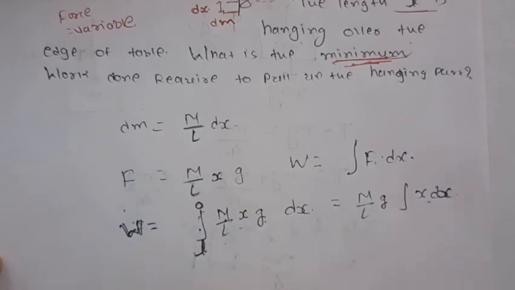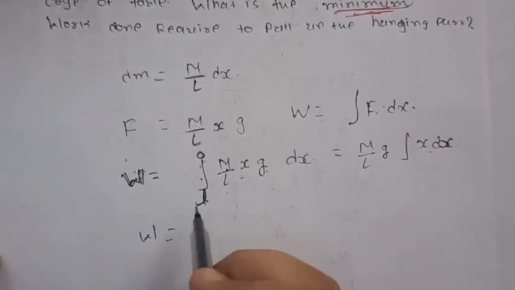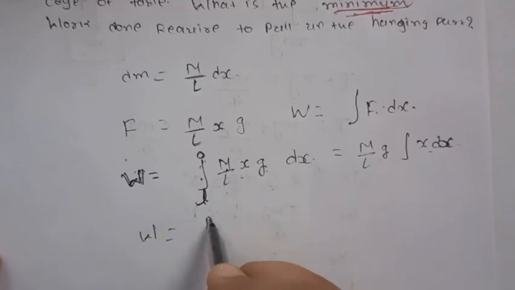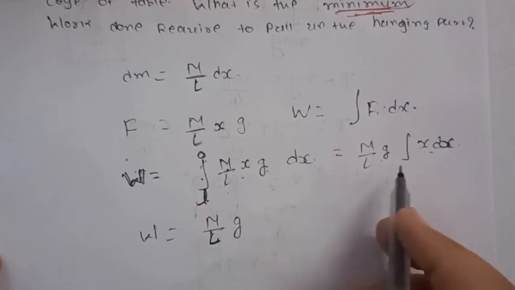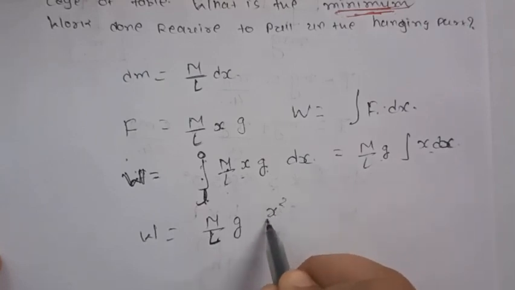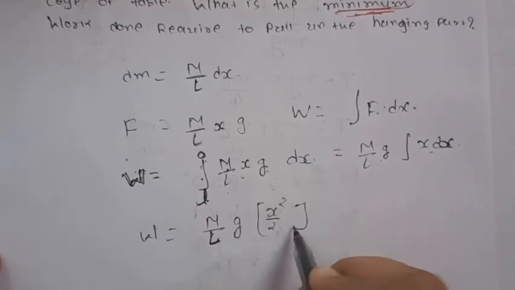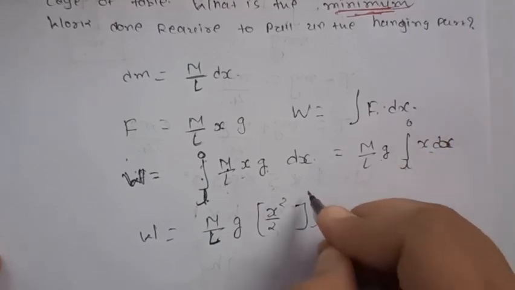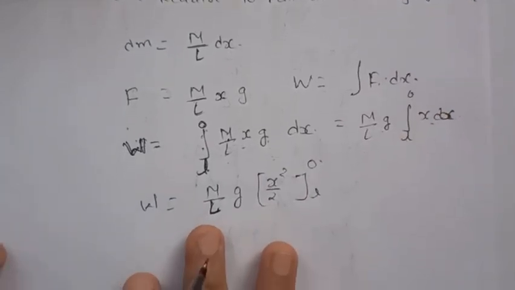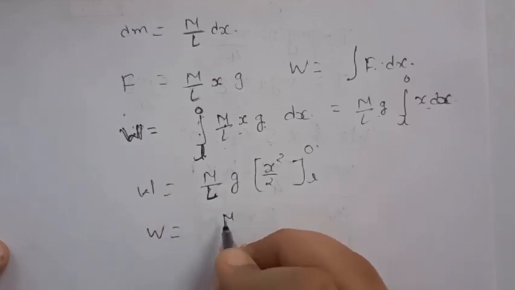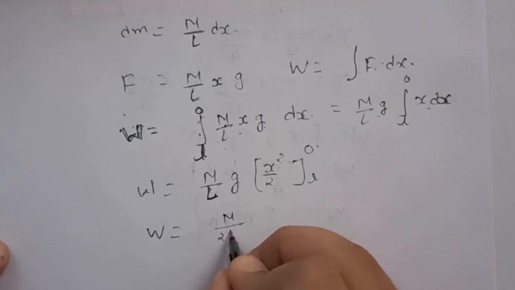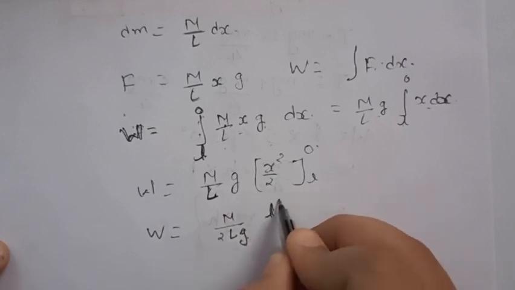Integrating this, we will get work done is equal to m by L into g into x square by 2, limits from L to 0. So we will get work done is equal to m by 2L g into L square.